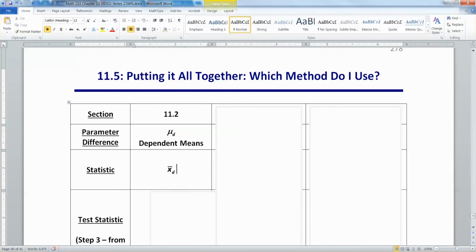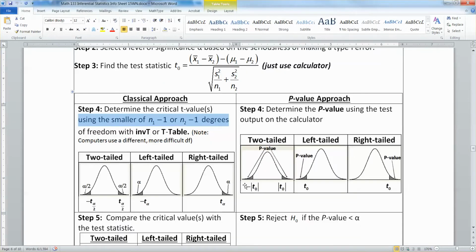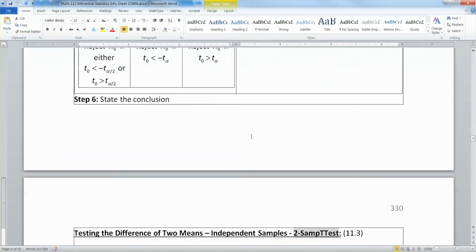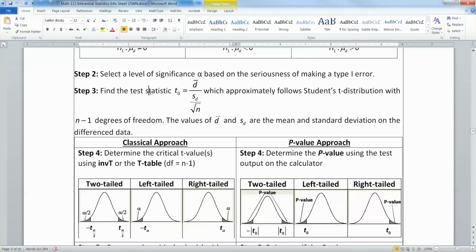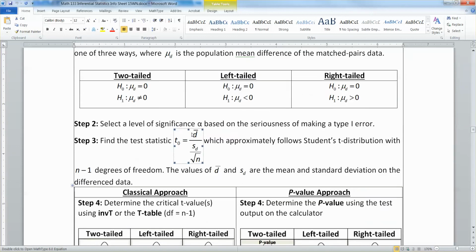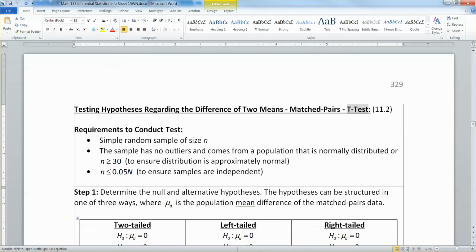Okay, so let's find the test statistic, which when we look at the inferential statistics sheet right here, the test statistic is always your step 3 value right there. So there's the test statistic. It's d bar over s_d over the square root of n. And while I'm on the subject, the calculator at the top tells us that we want to use a t-test.